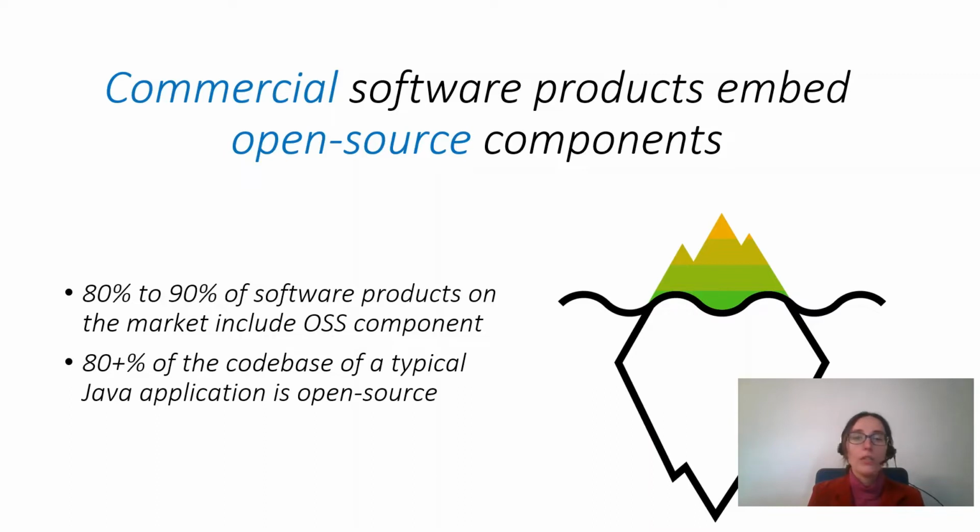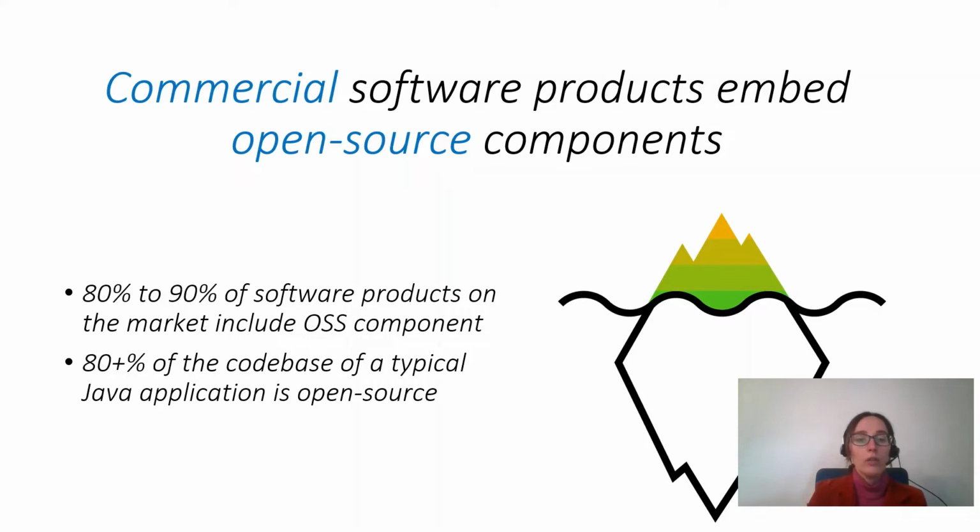So we are in a situation where the newly developed code is just a small fragment, and this is usually represented as an iceberg, where the new code is what is visible on top of the water, but what is below is far bigger, and what is below is the code coming from open source software components.